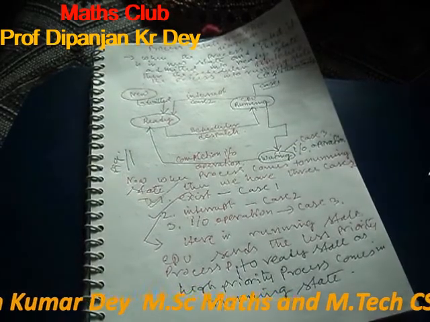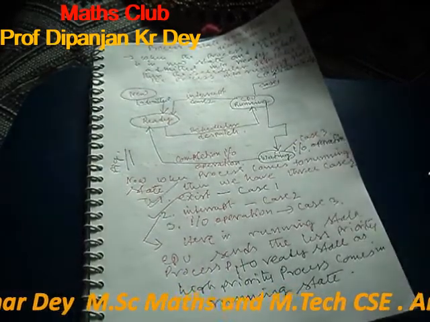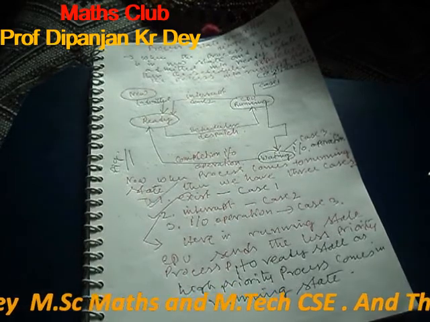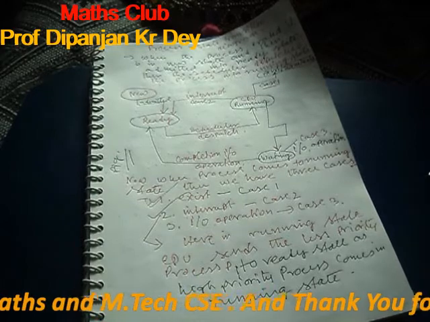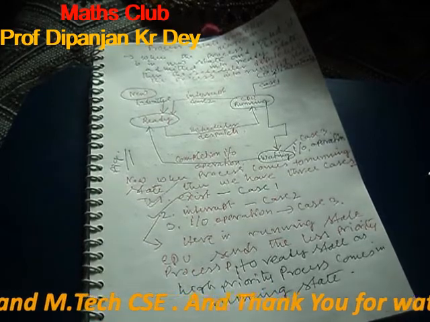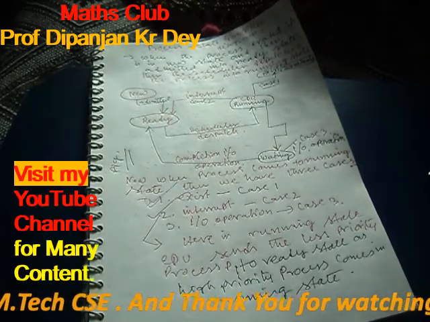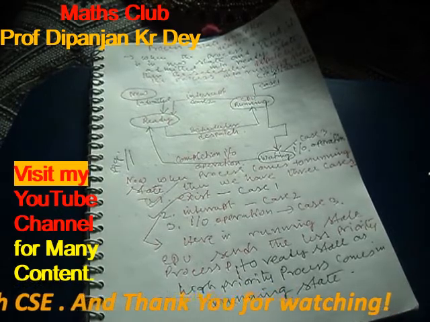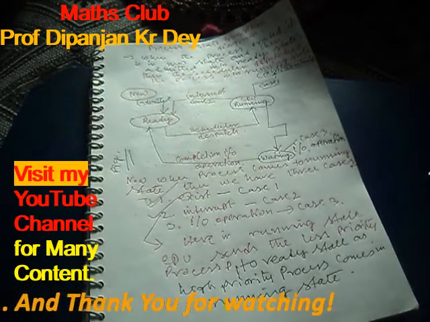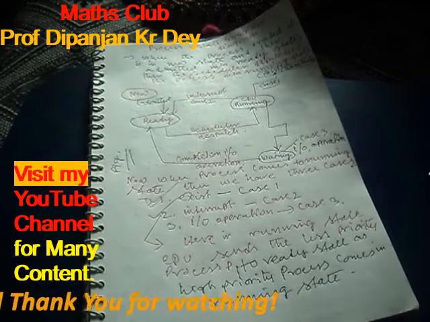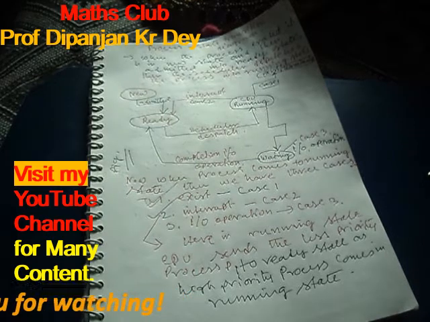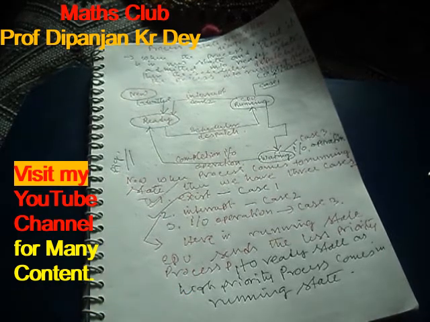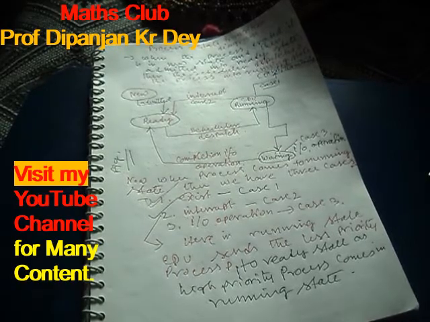Okay. Now one thing is very important in case 3. Here the current process needs IO operation, and the CPU is not sending the process for IO operation. The process itself goes into waiting state. The process P1 itself goes into waiting state for IO operation. This is a very, very important part.